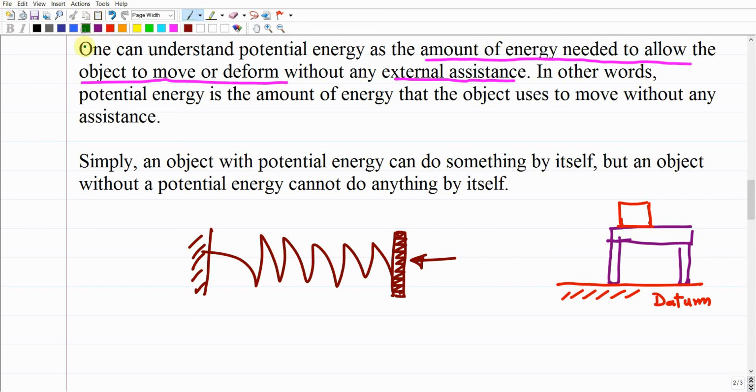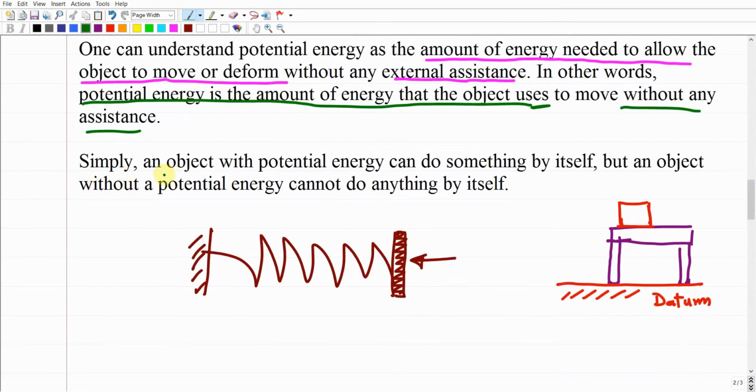So any form of energy that the object is going to use to move independently, to move by itself, or to deform, or to do any action by itself, this type of energy is a potential energy. So in other words, the potential energy is the amount of energy that the object uses to move without any assistance.